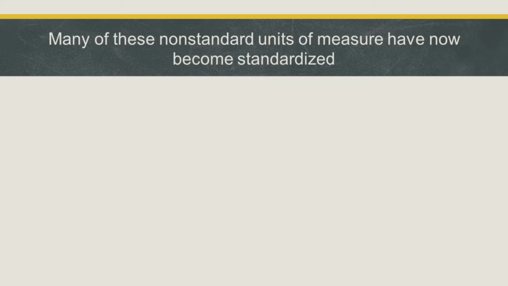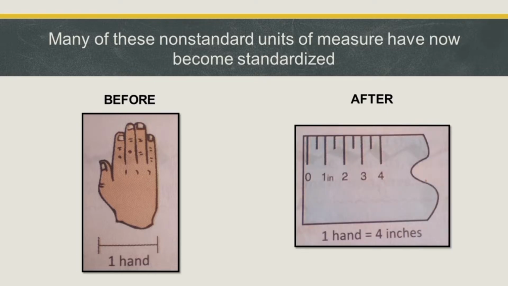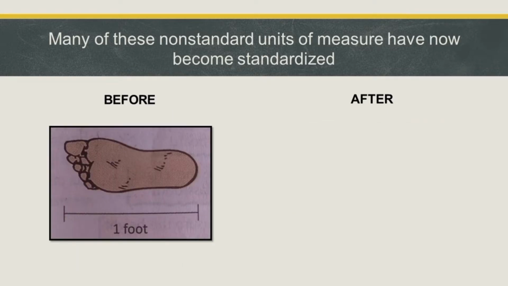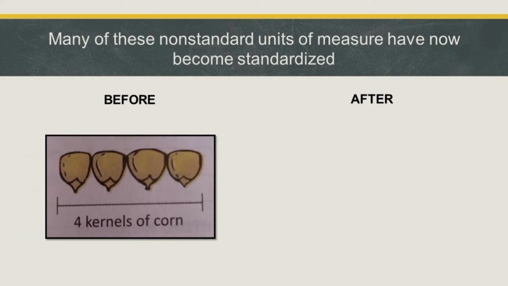For instance, a hand which is used to measure horses is now equivalent to 4 inches. A foot now means 12 inches. A yard, which used to mean the distance from the king's nose to the tip of the middle finger of his outreached arm, is now equivalent to 3 feet or 36 inches. 4 kernels before, now it is equivalent to 1 inch.